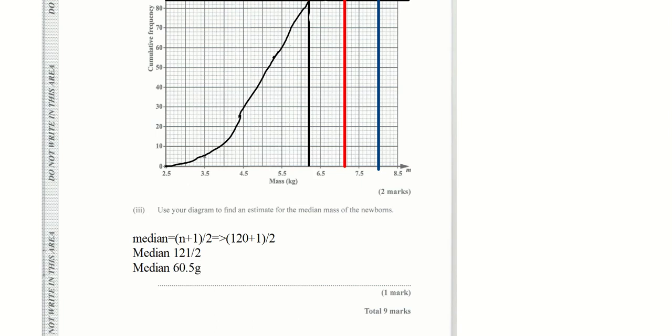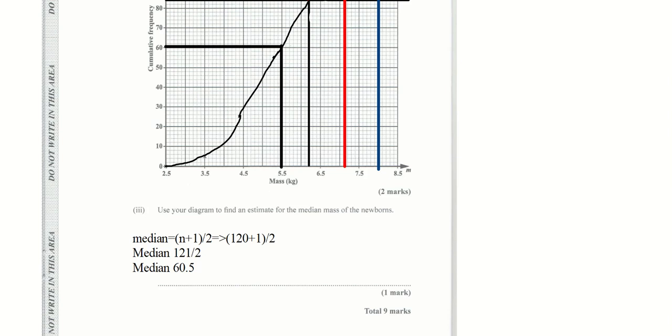So once you know this 60.5 percentile or value, you then look in your graph and see where 60.5 is. 60.5 is somewhere here, and if you go down, you would see that that is 5.5.